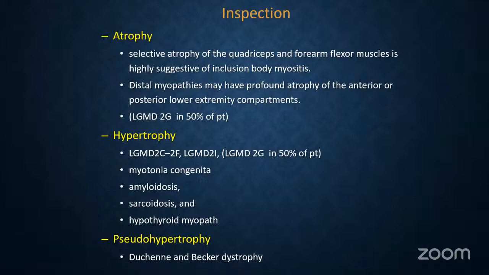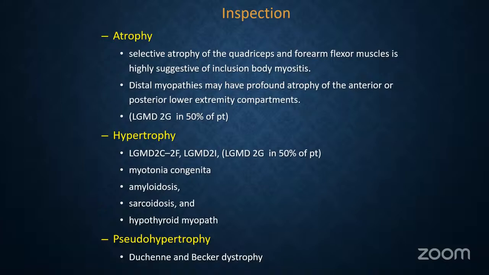We should also check for inspection, that is selective atrophy of the quadriceps and forearm flexor weakness. Selective atrophy of quadriceps and forearm flexor muscles is highly suggestive of IBM. Distal myopathies may have profound atrophy of the anterior or posterior lower extremity compartments. Hypertrophy is seen in LGMD 2C to 2F and LGMD 2I, especially calf hypertrophy.